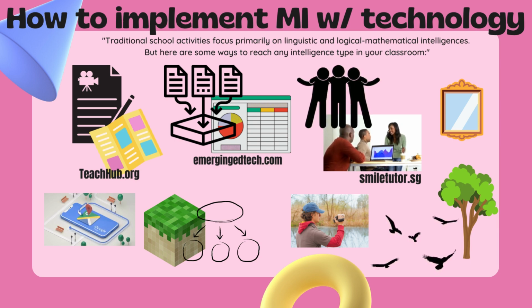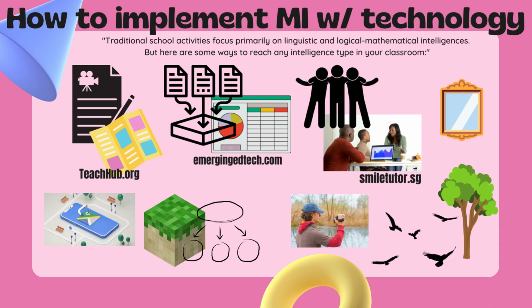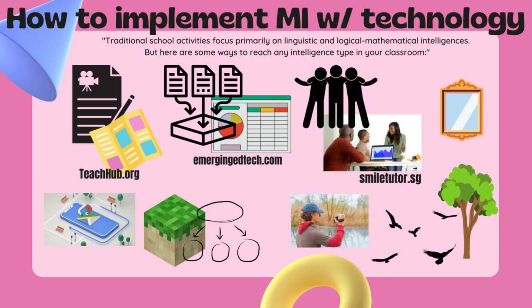Use Minecraft as a fantastic introduction to picture smart students. Have them mind map. Musical students can write their music into song and use software editing technology to incorporate their lyrics and their music to present their project.